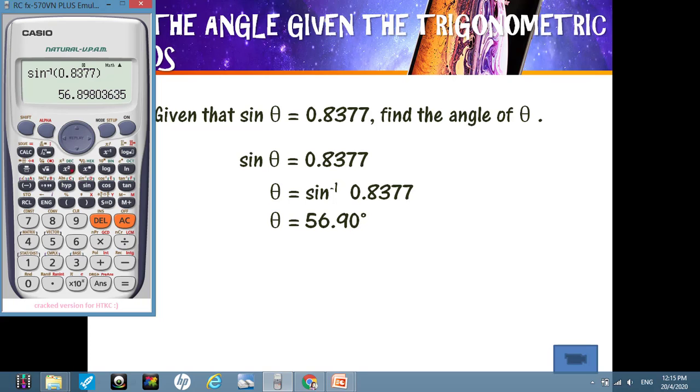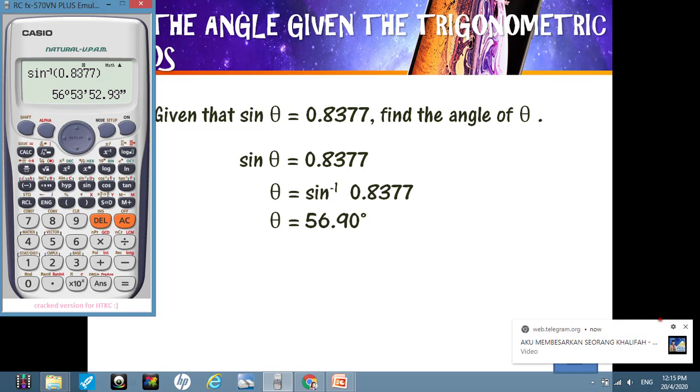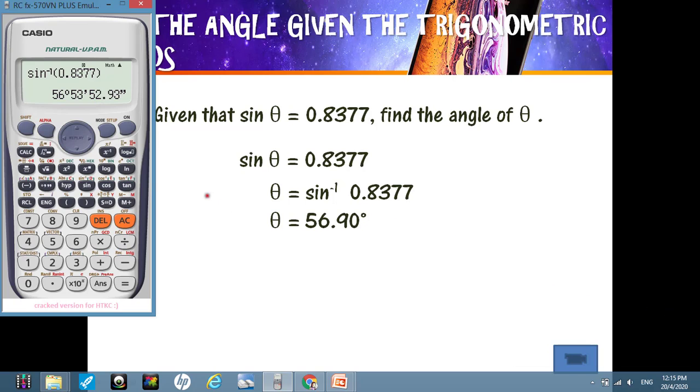If you want to change it to degrees and minutes, you just push this button. Note that the seconds here is 52, which is more than 30 seconds.